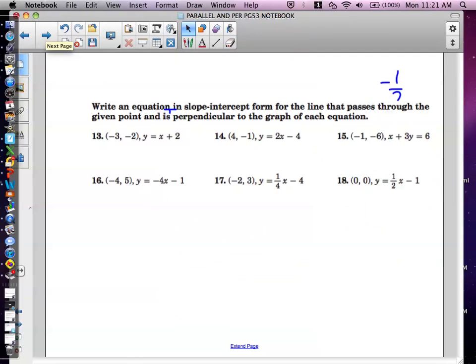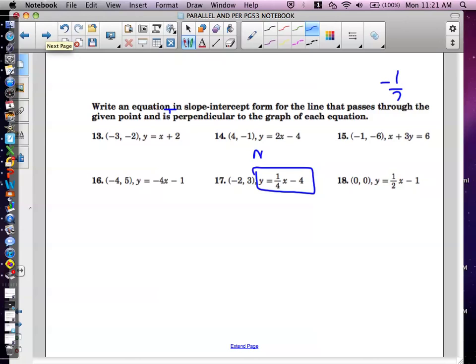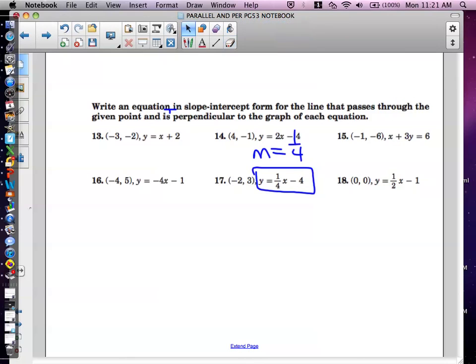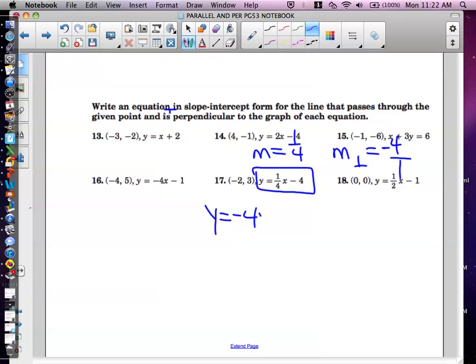Let's do number 17 together. Here's my given equation. My given slope is positive 1/4. So my perpendicular slope will be the reciprocal of 1/4, so 4/1. And since the given slope is positive, my perpendicular slope is negative. So setting up my equation, and then I'm given a new x and a y.